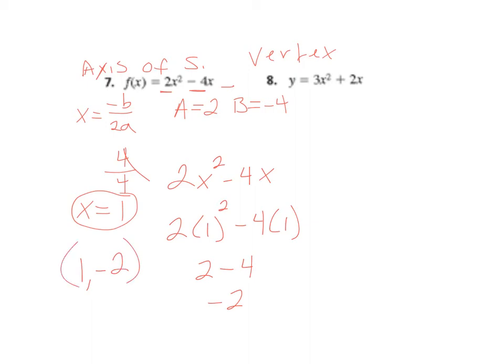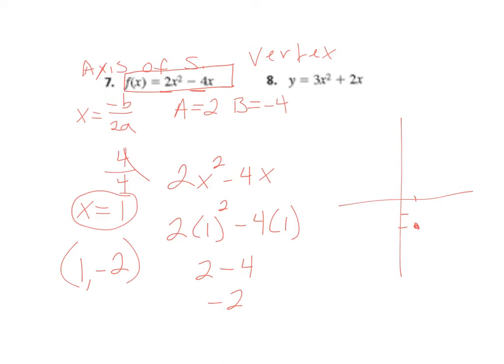Now, a couple of things that we know from this equation. The first thing is, we know that it is a smiley face. We know that the axis of symmetry is 1. So if I go 1, -2, here is my vertex. Okay?